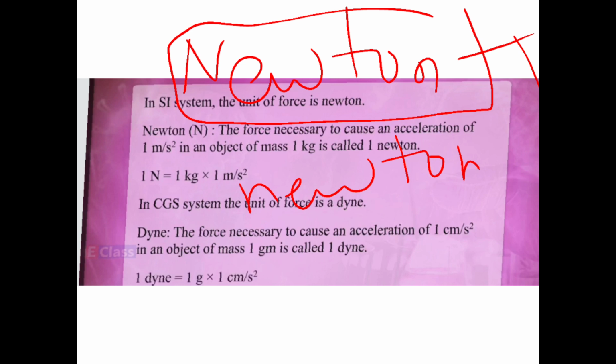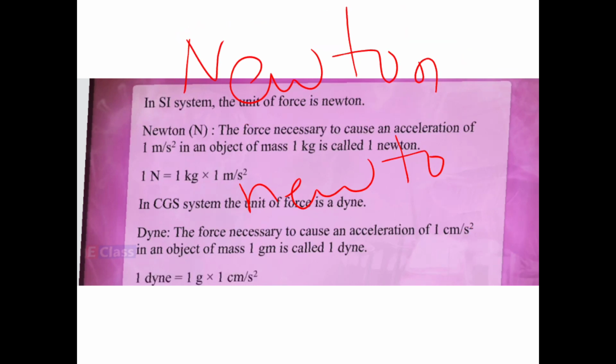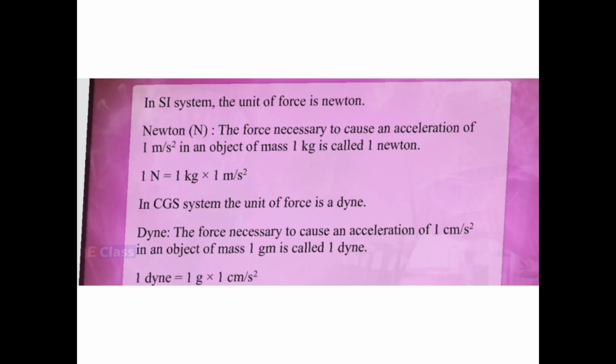But when I write newton in this manner, that means I am talking about the unit. Nobody is going to explain this small difference to you because it is not a part of your textbook.